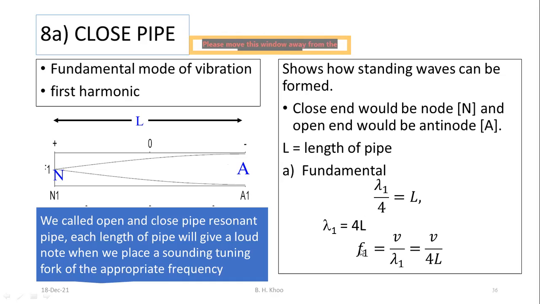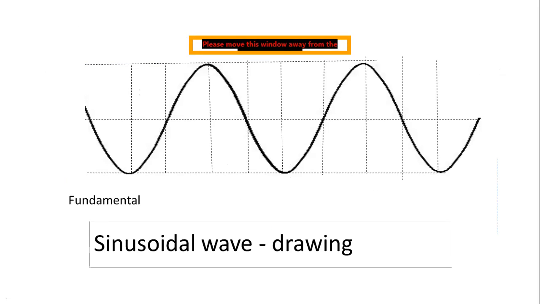For other frequencies, slightly more or slightly less, we will not get a loud sound. That's why we call it a resonant tube or resonant pipe. We force the pipe to give a sound, just like we force the oscillation to oscillate. Forced oscillation.